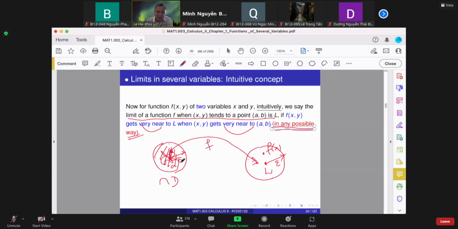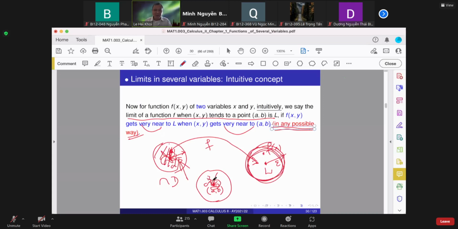Which means that when you look at x, y tending to the point a, b here, you can let x, y tend like this, or like that, or like this. It's up to you.